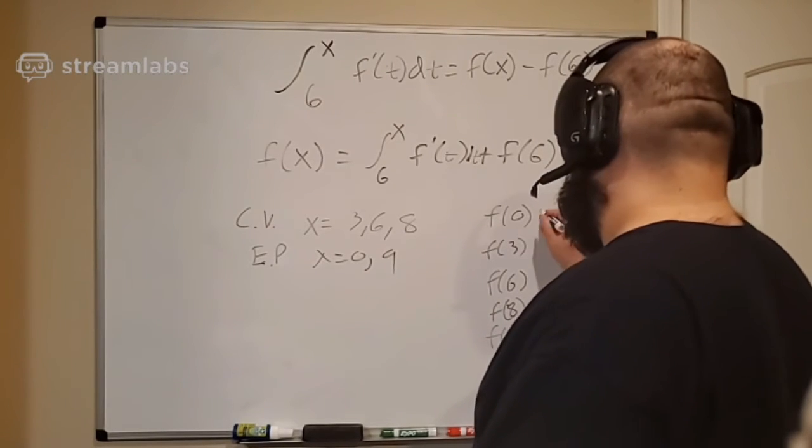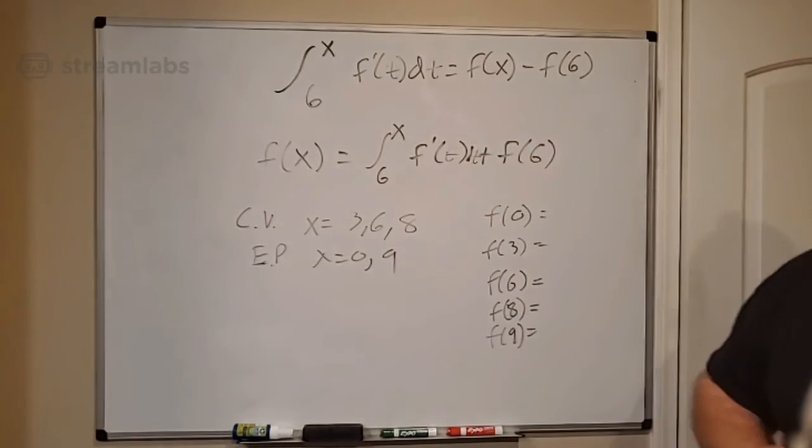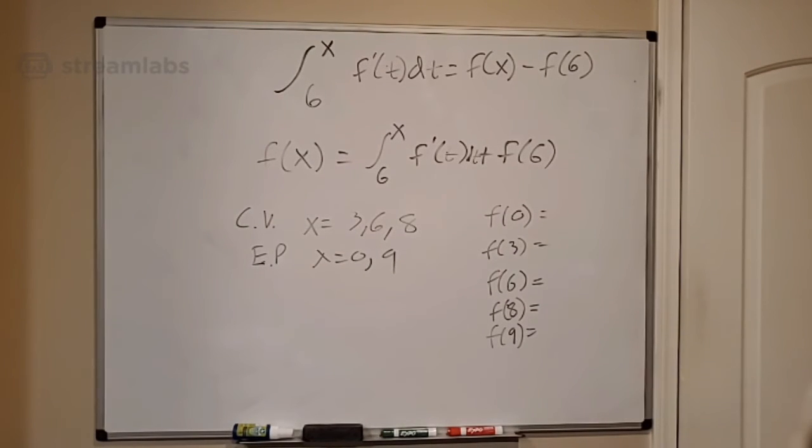So in other words, they're asking you, since they gave you the areas, this is not really that difficult of a calculation. What is the integral from 6 to 0? So looking at your graph now, because you will use the graph values, what is the integral of f prime of x from 6 to 0?